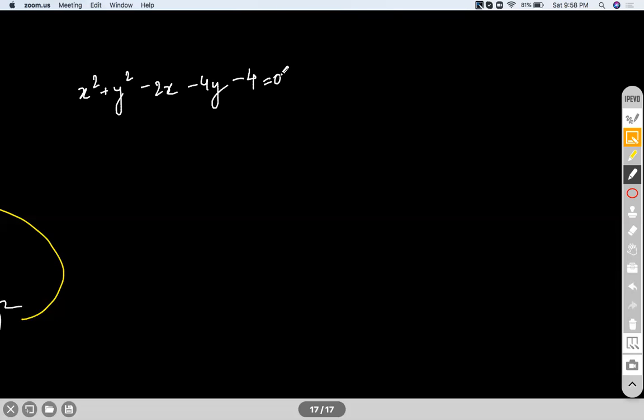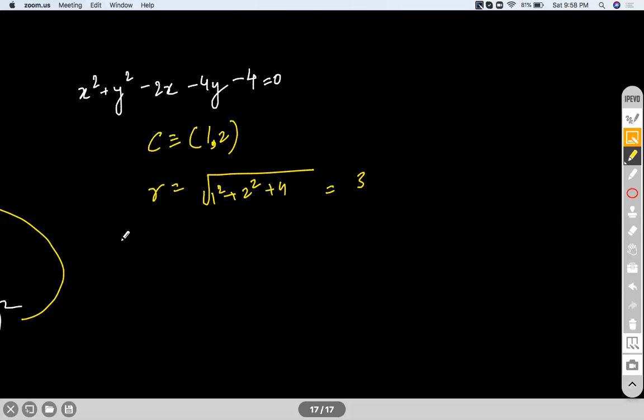Done? X square plus y square minus 2x minus 4y equals 18. Okay, let's check. The one thing you have to catch over here is that the center would remain the same. So the center for this circle is (1, 2). The radius is the square root of 1 square plus 2 square minus of minus 4, which is going to be 3. The center would remain the same even for the director circle, and the radius of the director circle would be nothing but root 2 times 3.